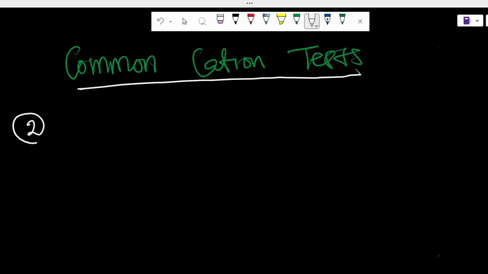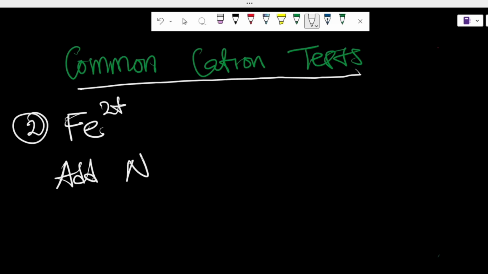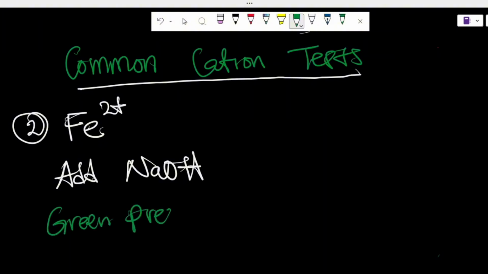Now the next example of ions is iron 2 ions. Even in this case, add the same solution, which is sodium hydroxide, and when you do this, you're going to observe a green precipitate. Now, why is that?